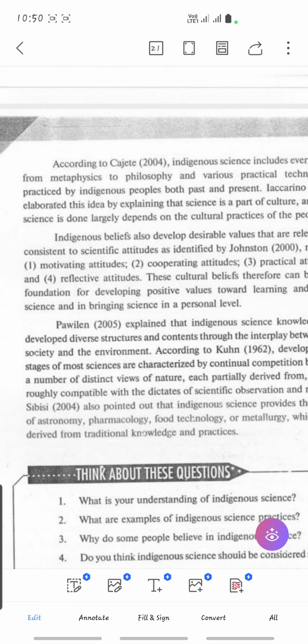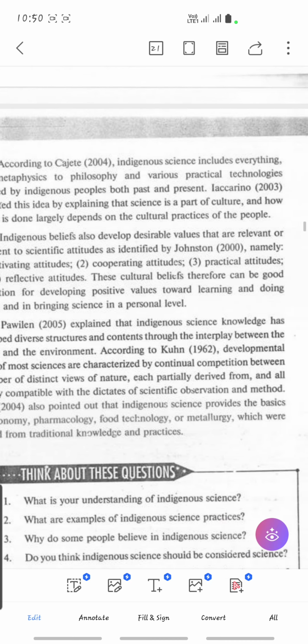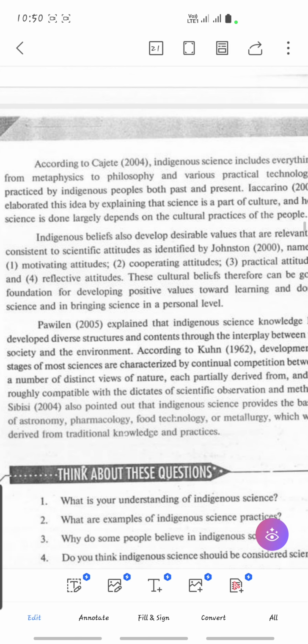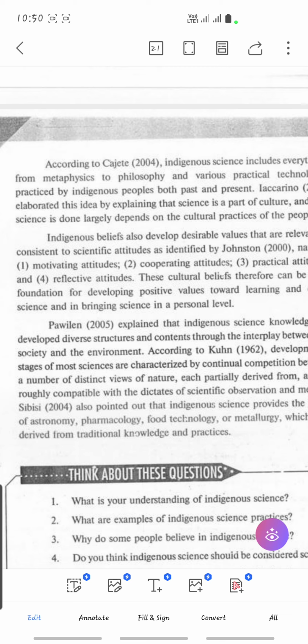So meaning to say, in that era, those people living in that time possessed this kind of character. They have a motivating attitude, they have a cooperating attitude, they are more practical than us, and they usually reflect every day on their day-to-day basis, di ba?